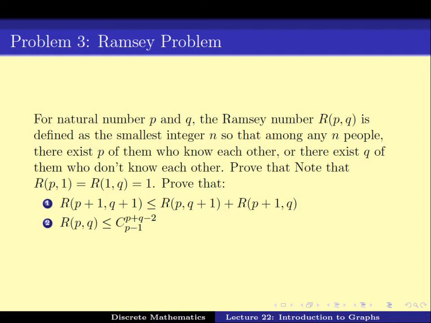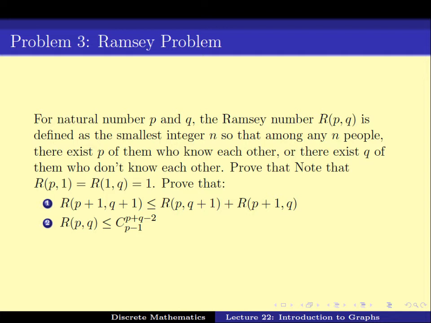So what does the statement say? It says that if R(P,Q) is equal to 100, it means that given any 100 people, there will be either P of them who know each other, or Q of them who don't know each other.